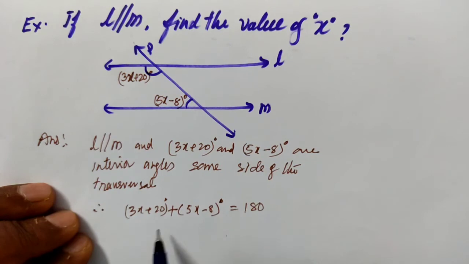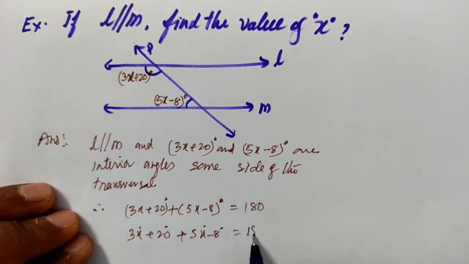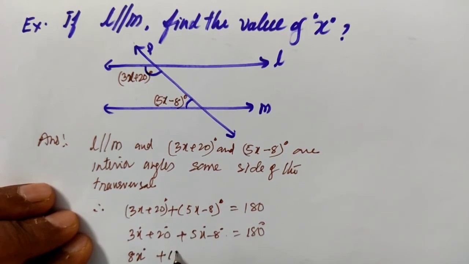Okay. Now open these brackets: 3x plus 20 plus 5x minus 8 degrees is equal to 180 degrees. Now 3x and 5x will become 8x, and 20 minus 8 is 12 degrees.